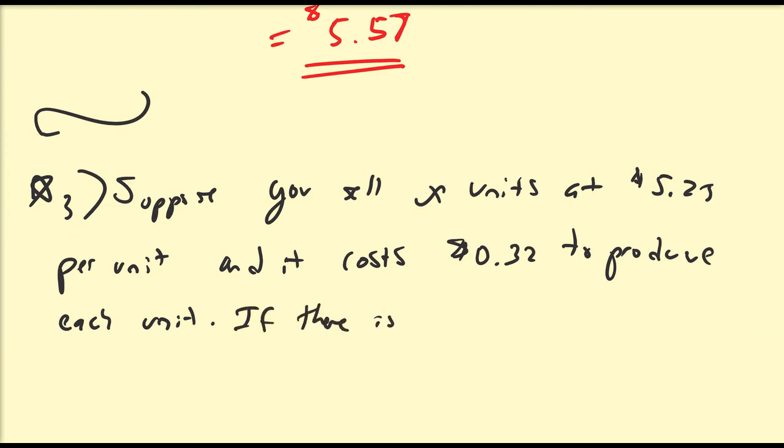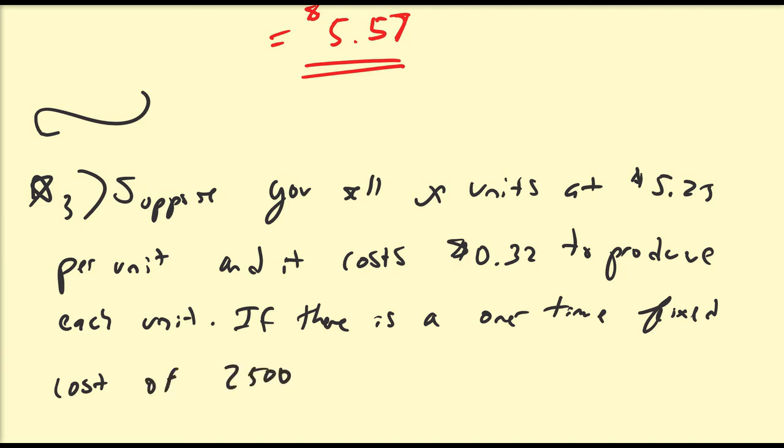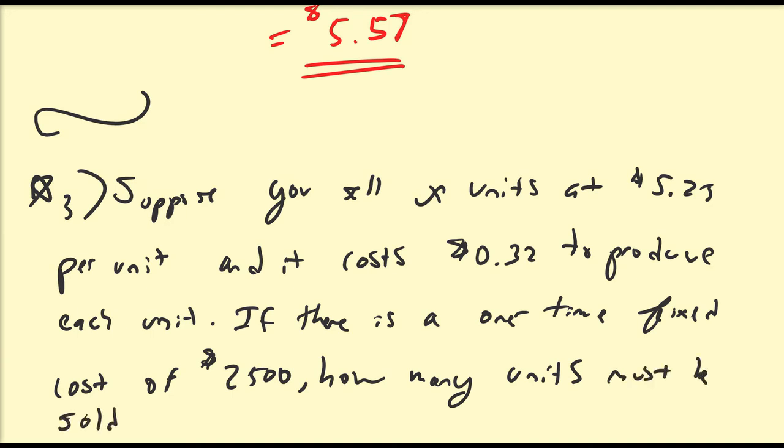If there is a one-time fixed cost of $2,500, how many units must be sold in order to break even?